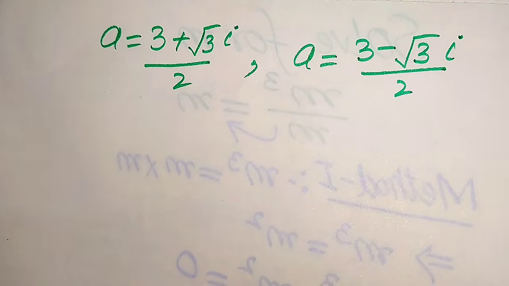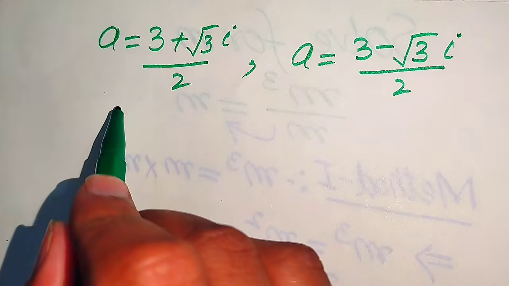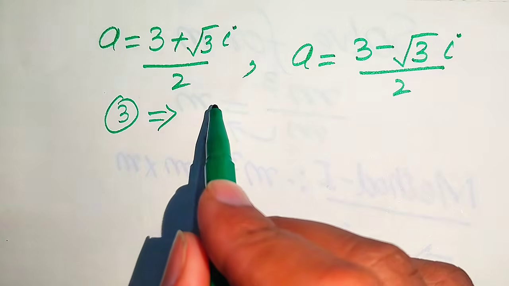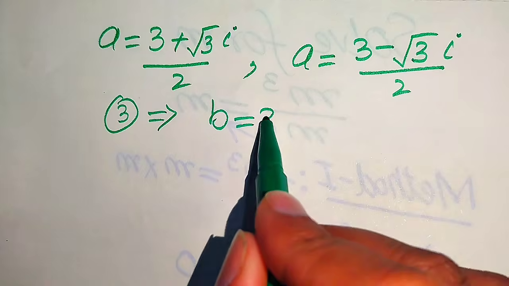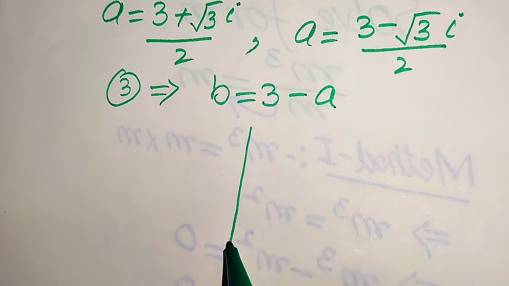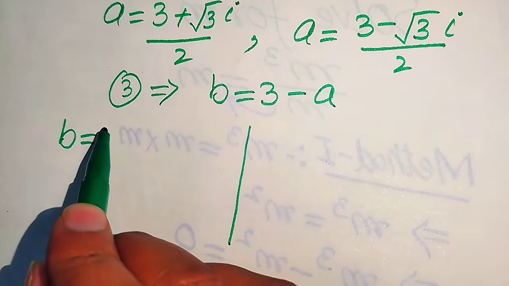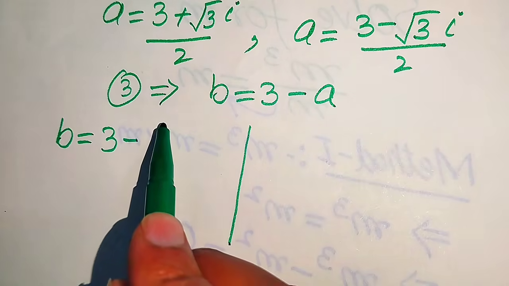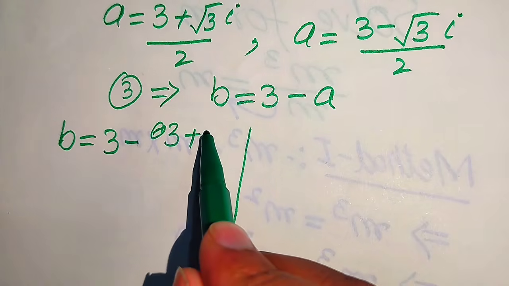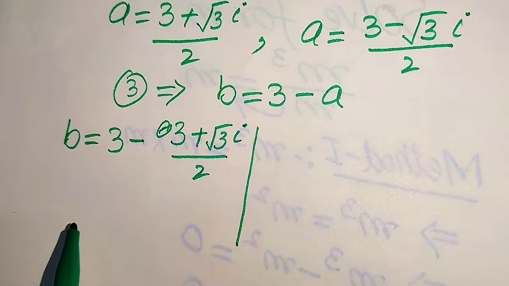From these two values of a we need to find the corresponding values of b, so our equation number 3 implies b equals 3 minus a. Now we substitute the two values of a here, and it becomes b equals 3 minus a, where the value of a is 3 plus square root of 3 iota, divided by 2.